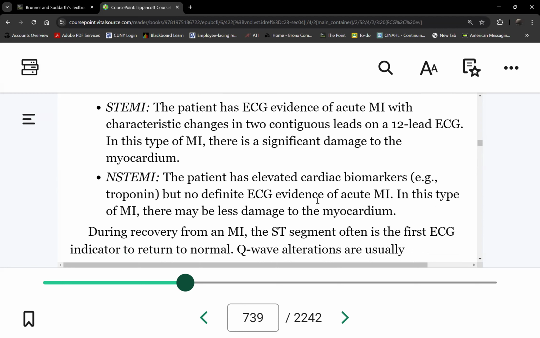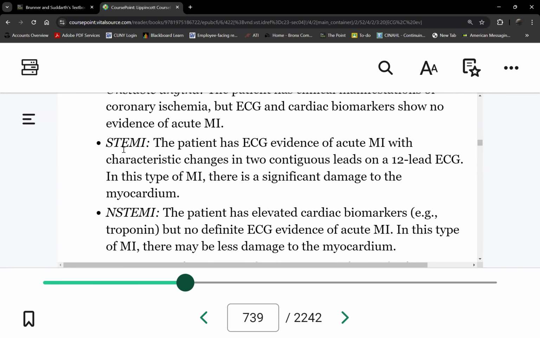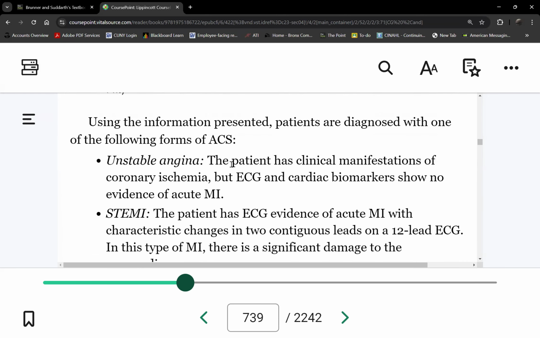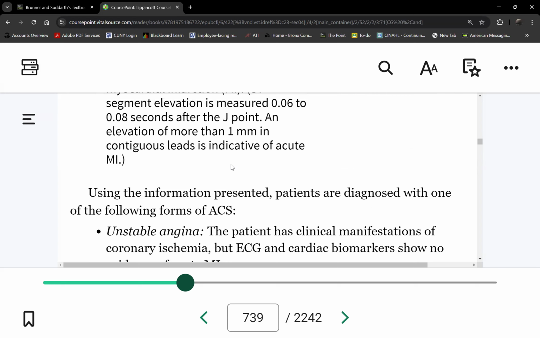Yes, there will be some troponin increase because it killed some myocardium. And also definitely in STEMI, this will be very high. Okay. Normal troponin, by the way, is less than 0.012. I repeat, troponin levels are supposed to be less than 0.012.